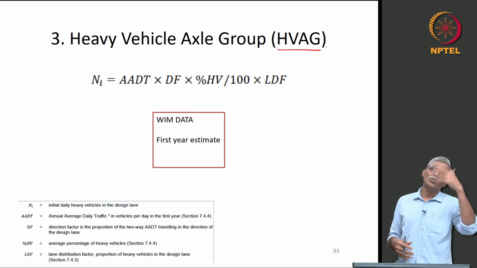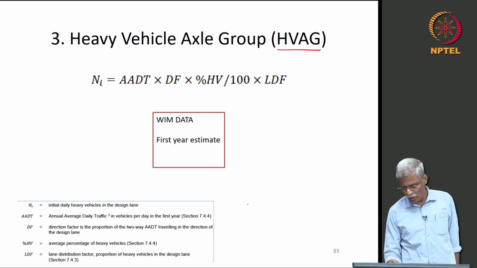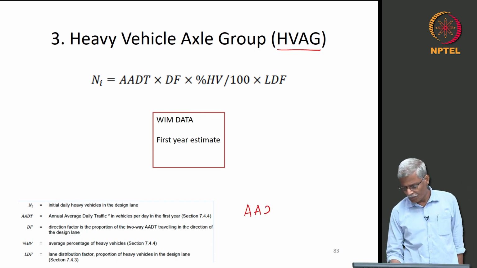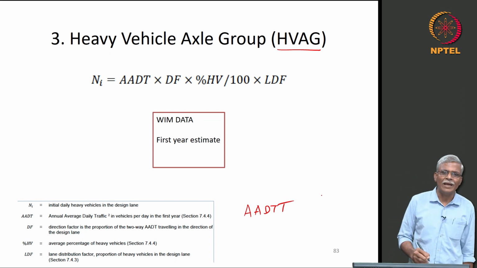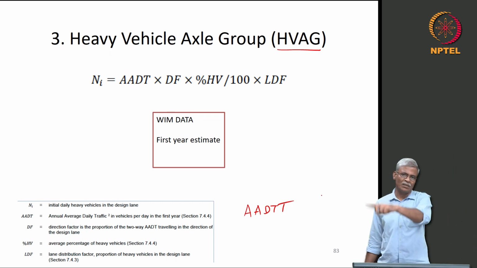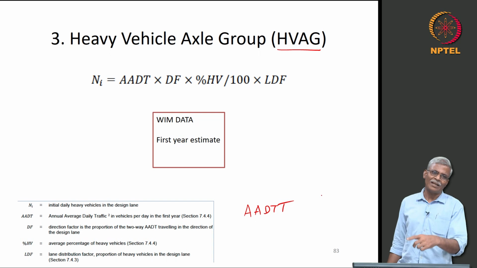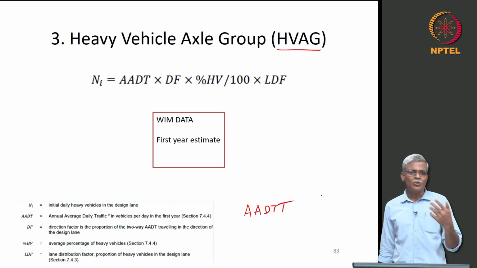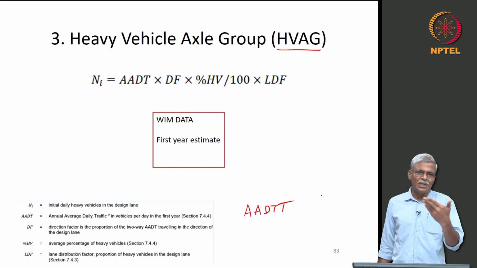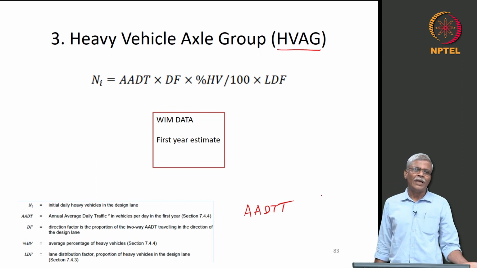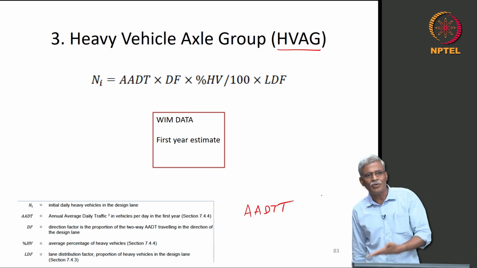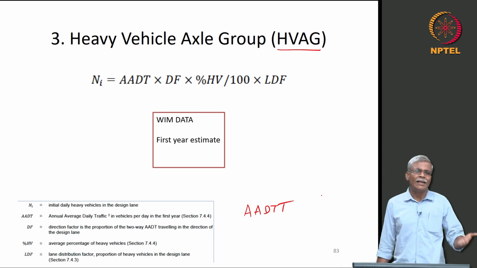In fact, if you are using Austroads, you will be talking in terms of annual average daily truck traffic and not the daily traffic, but of course, since we are using the percentage of heavy vehicle, AADT times the percentage of heavy vehicle gives you your AADTT.